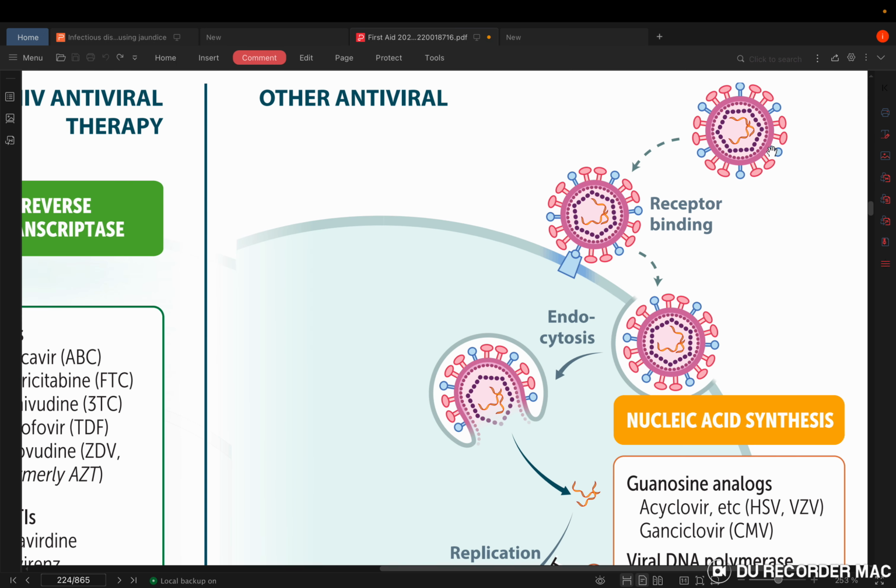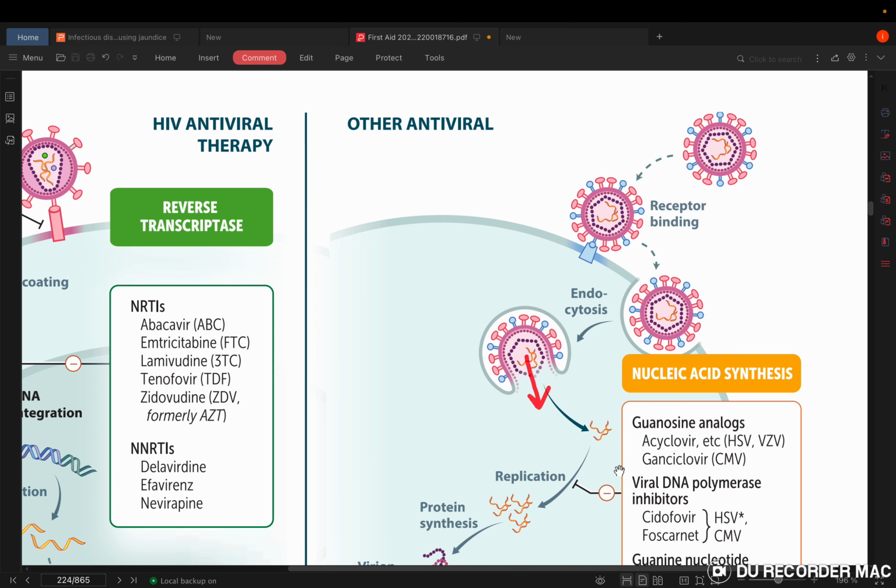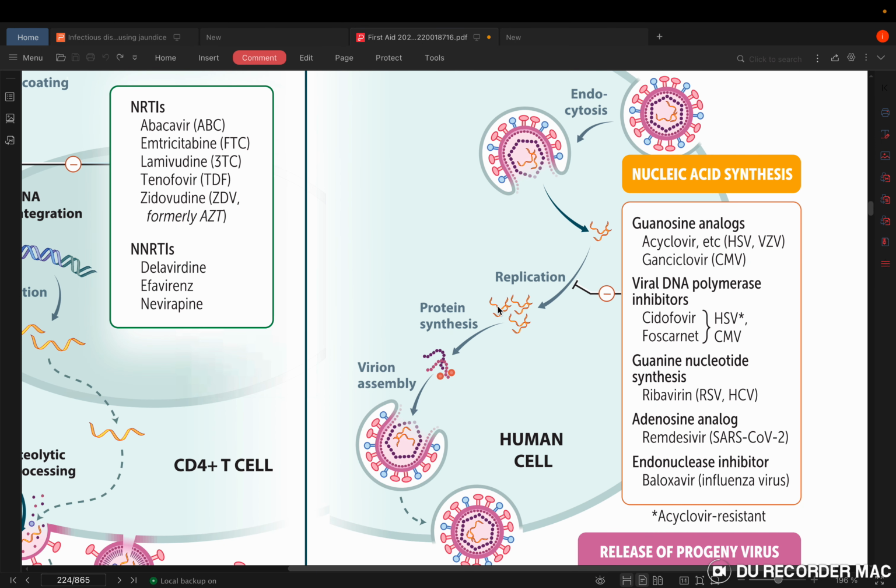Let's say it's herpes. This virion is going to bind to its receptor, get endocytosed, and release the nucleic acid material inside of the cell, and when it is inside of the cell, it's going to start the process of replication. Can somebody tell me what replication means? Making DNA into?